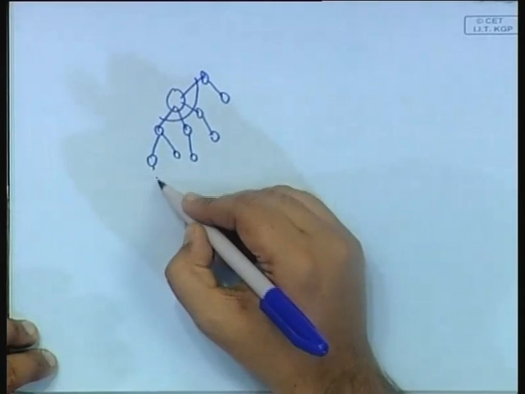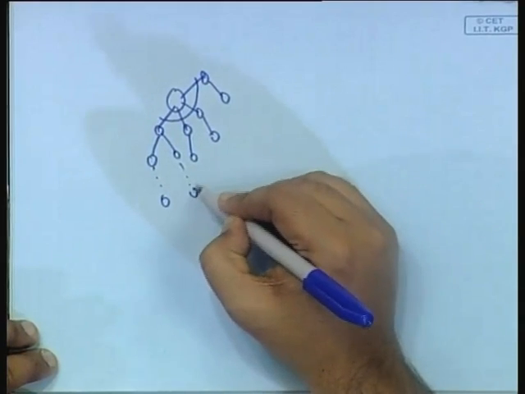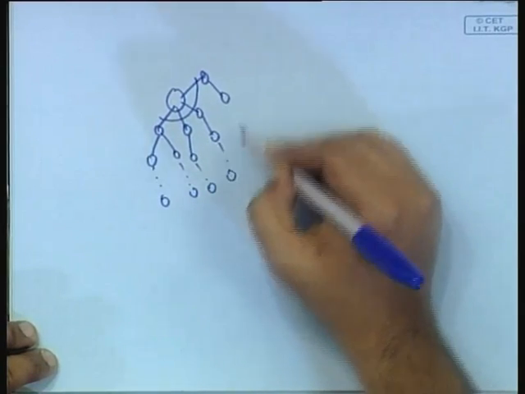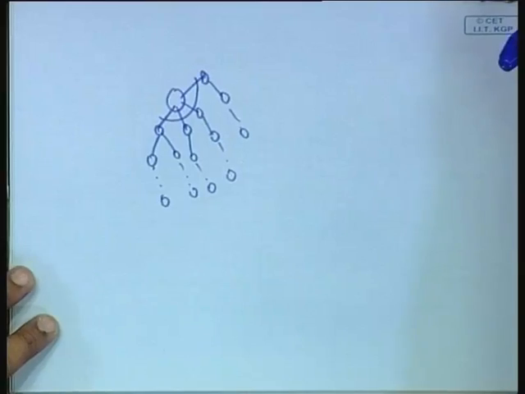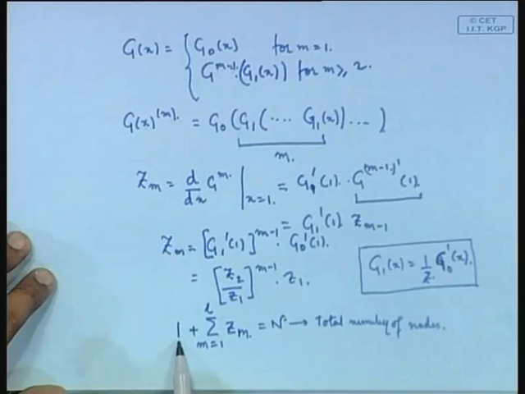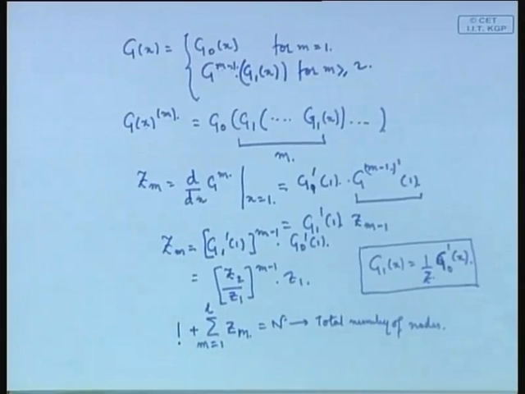So, if I take L steps to reach all the nodes in the network, then diameter is L. And if I traverse L steps, what are the number of nodes I cover? I cover myself and all the first neighbors, second neighbors, up till the Lth neighbors. Am I correct?